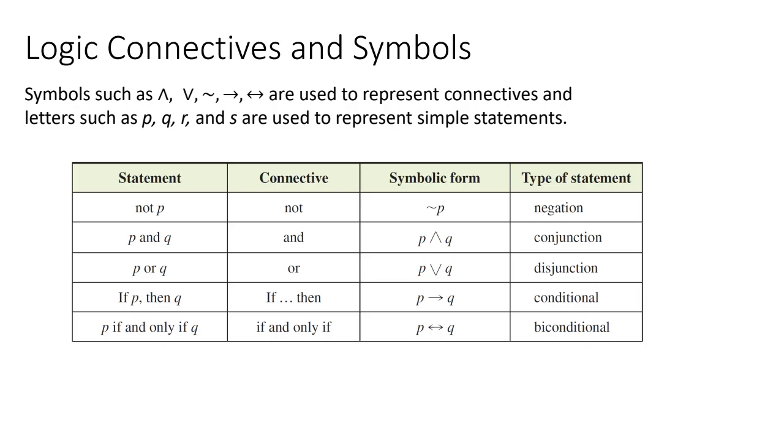The fourth one, on the fourth row, is kind of a subtle one. It's called a conditional statement. In symbols, I would read it as, if P, then Q. So the connective is kind of like two words at the same time, if, then, indicating that if something happens, then something else has to occur.